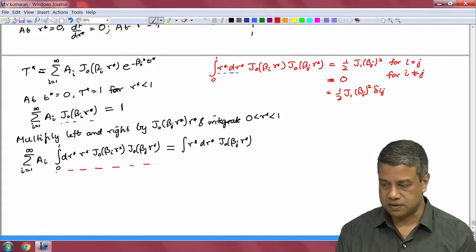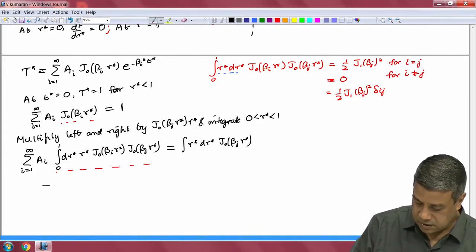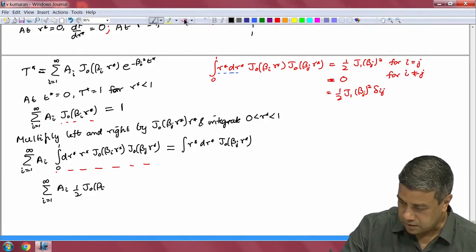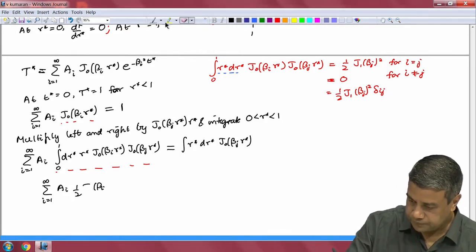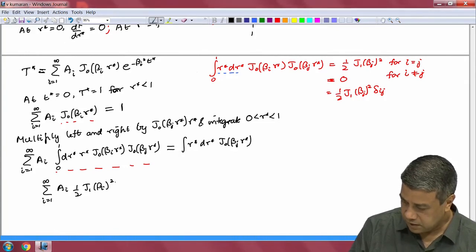So, on the left side I get the summation i equal to 1 to infinity of a i times half j 1 of beta i the whole square times delta i j.